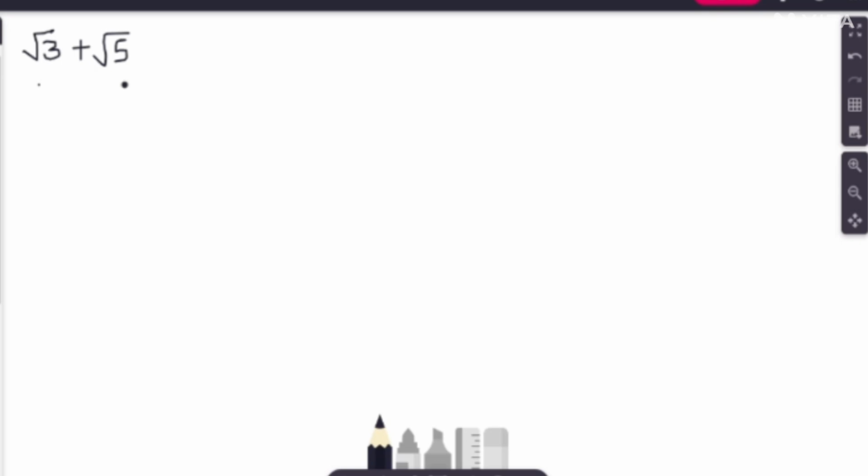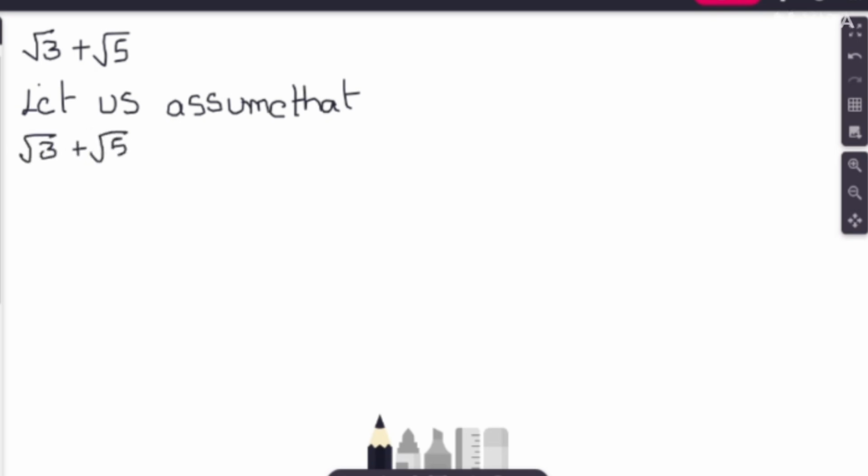Here we are assuming they are rational numbers, their sum is a rational number. Let us assume that root 3 plus root 5 is a rational number.